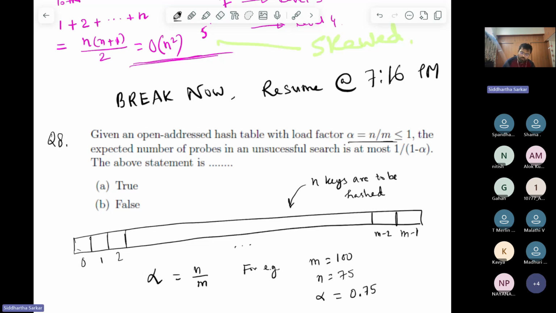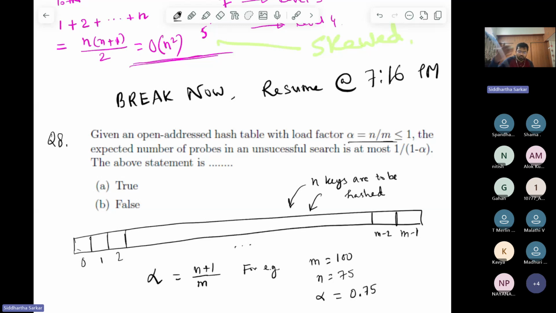Okay. So now at some point, the load factor is alpha. So n keys are already hashed here. When you hash more elements, if you insert another element, the load factor will increase. So load factor becomes n plus 1 by m.